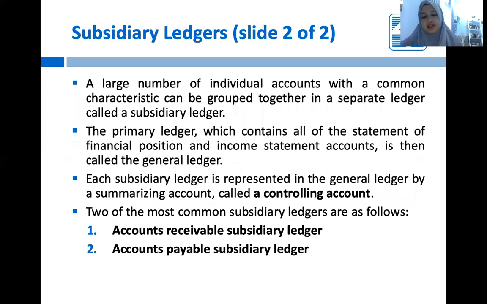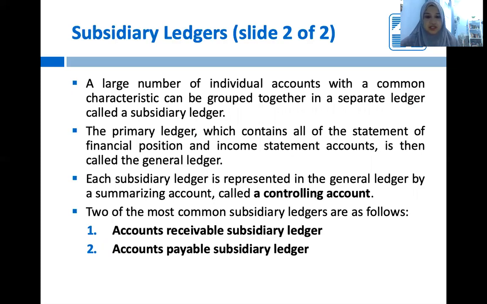Okay, because certain individual accounts, let's say receivable, may come from customer A, customer B, customer C until Z, right? So they can be grouped together in a separate ledger.